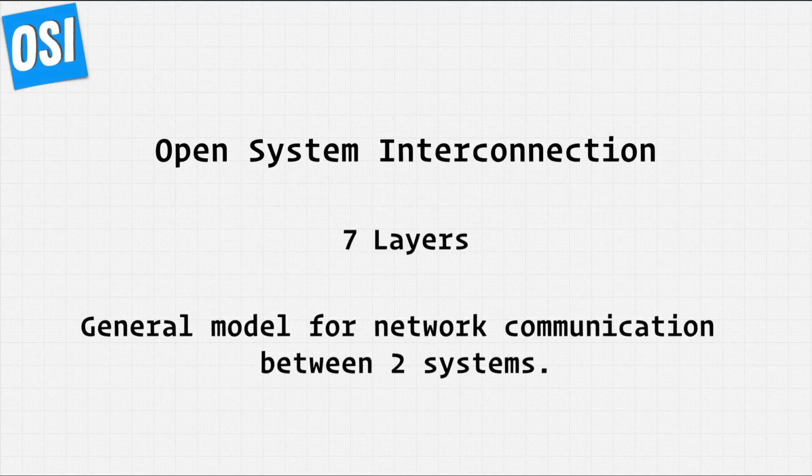Because it is a general model for communication between two systems, I don't want you mentally locked into this idea of how the internet works, but more just in general about any two systems in the world. As long as there are two computers that are communicating, you can use the OSI model to abstract out how that communication is happening.